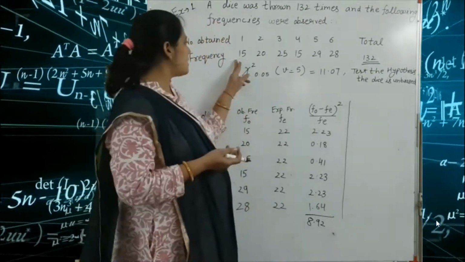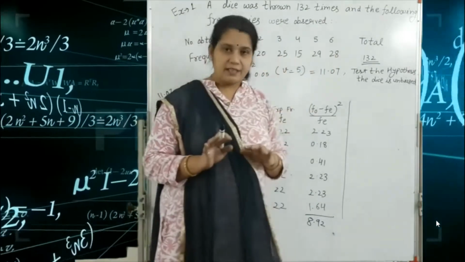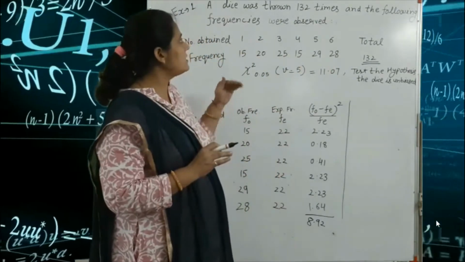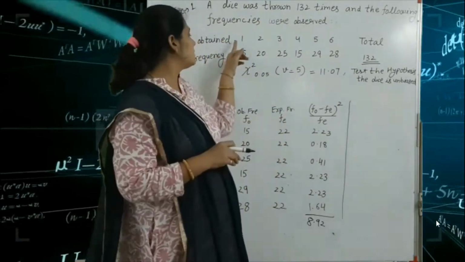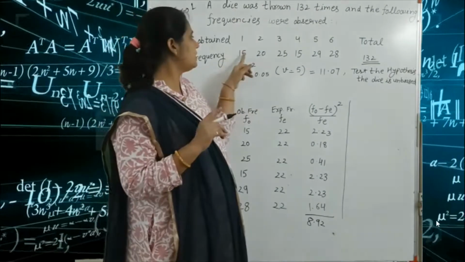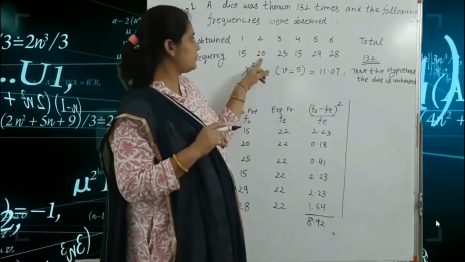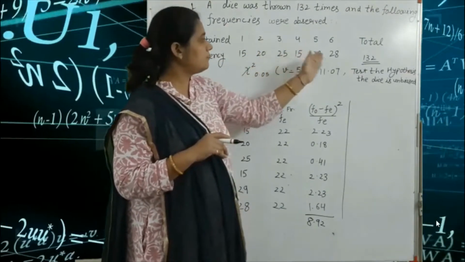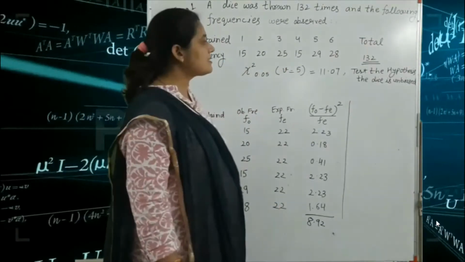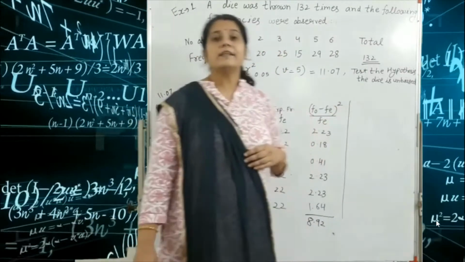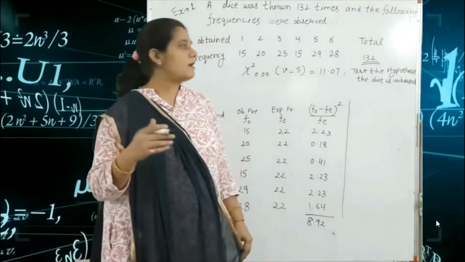If we sum all these values we get 132. That means the die is thrown 132 times. Our question is: test the hypothesis that the die is unbiased.